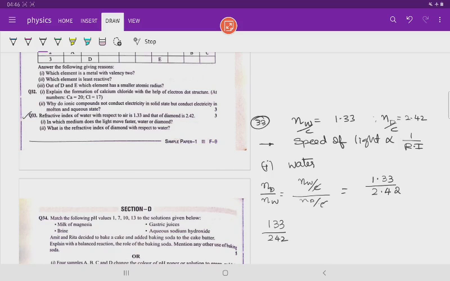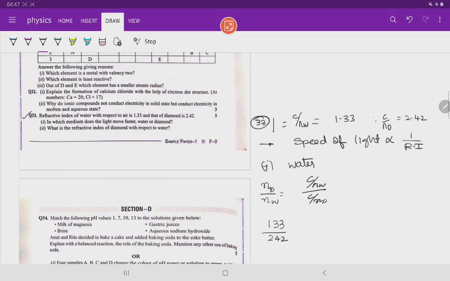Oh, sorry. They are asking us to find the absolute refractive index. So absolute refractive index is C by Nw. Sorry, it is reverse. Absolute refractive index is C by Nd. So then you get C by Nw divided by C by Nd.